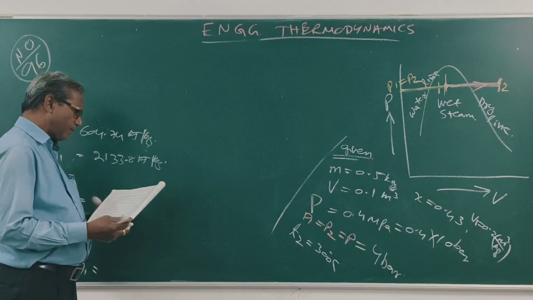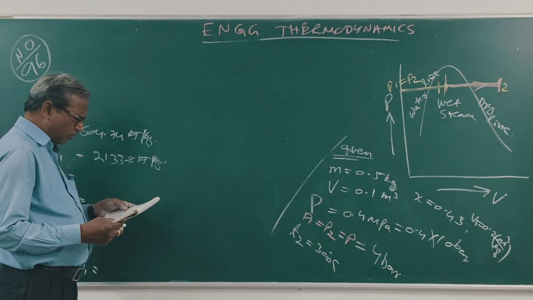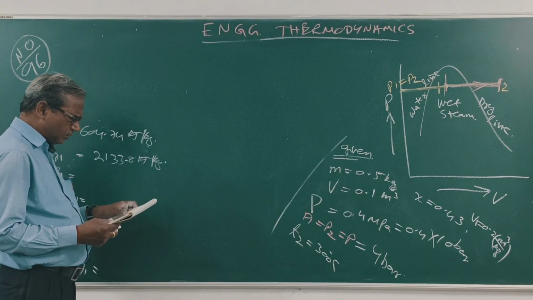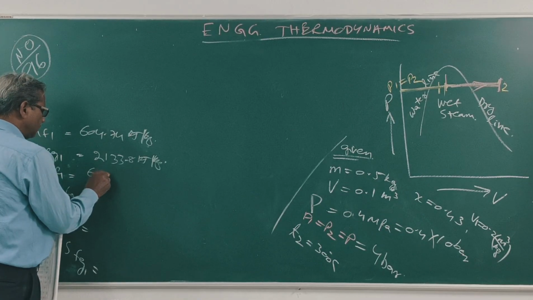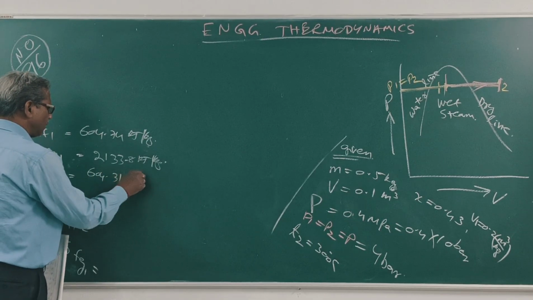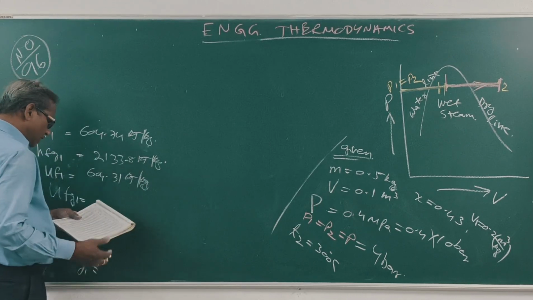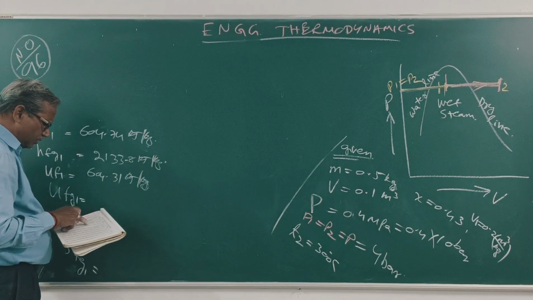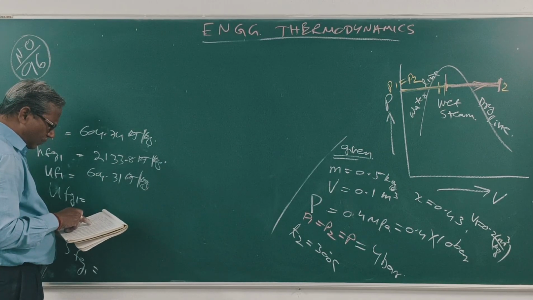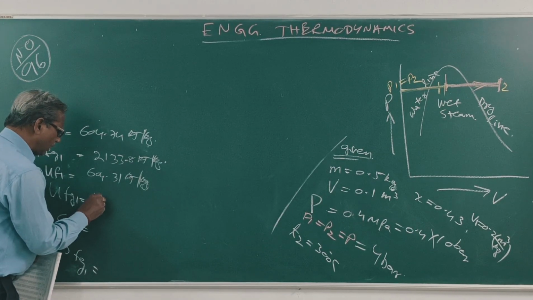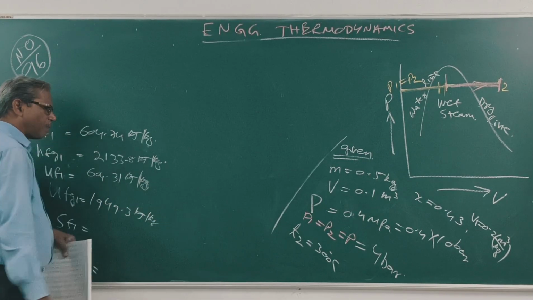HFG. Now UF. UF is equal to energy, 604.31 kJ per kg. And UFG is equal to 1949.3 kJ per kg.